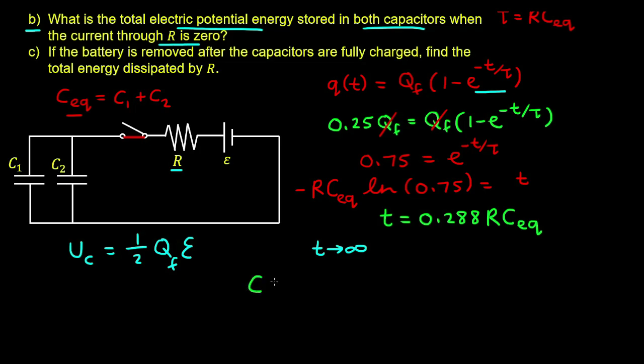And recalling that capacitance is the charge on the voltage, well, in this case we have the final charge on the equivalent capacitor, the voltage across the plates is equal to the EMF of the battery when the current through the circuit is 0, and the capacitance is equal to the equivalent capacitance.